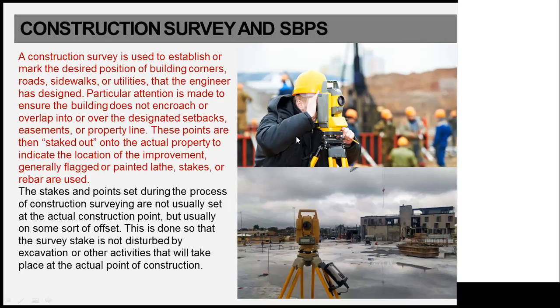Generally flagged or painted lath, stakes or rebar is used. Rebars are used. Now this is one of the preliminary things. As I have told you, these types of surveys are done with the help of the auto level or theodolite or the most advanced instrument, that is the total station.